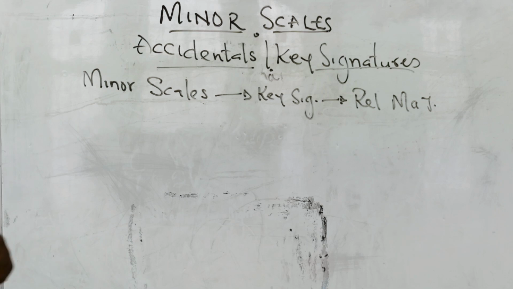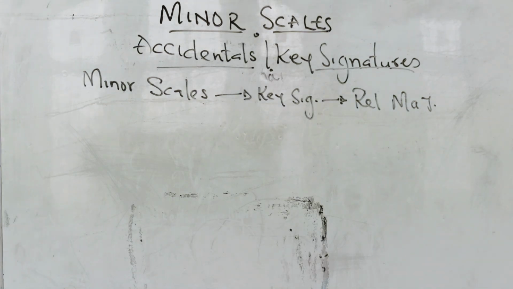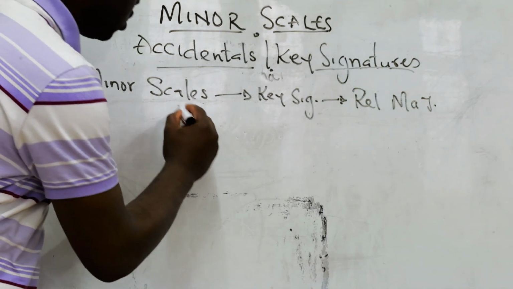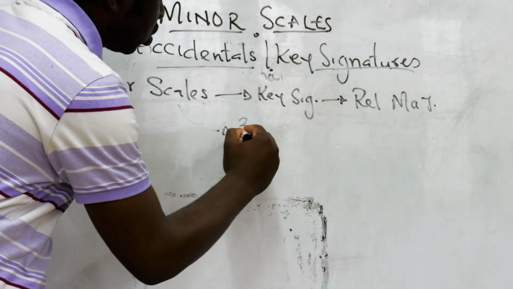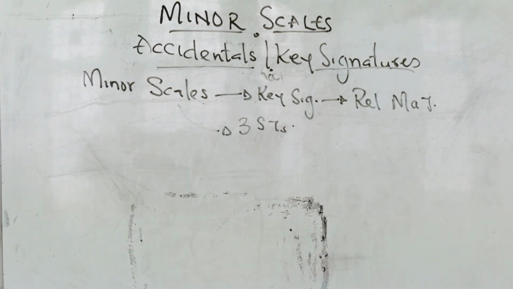You get the relative major of a minor scale by simply moving 3 semitones forward. So that means 3 semitones forward to get the relative major of a minor scale. Okay?